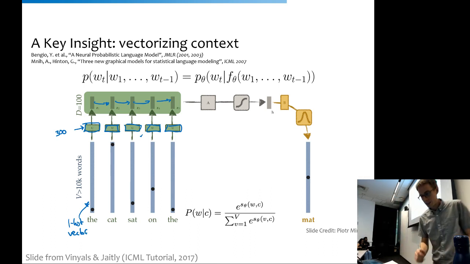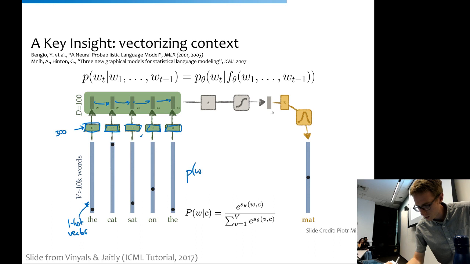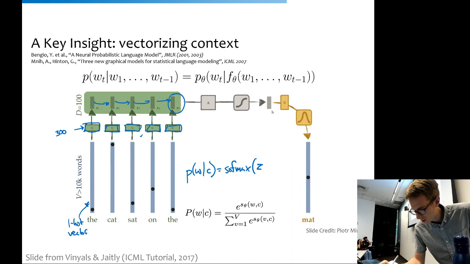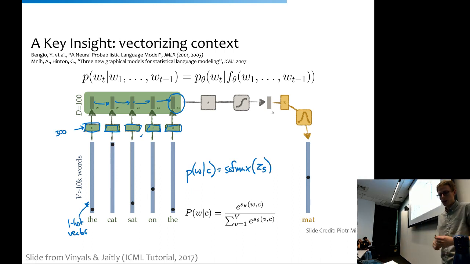And finally, if we define a distribution over words, say a probability of a word given its context, as a softmax over this final z vector, say z5, then we can recover a probability distribution over our entire vocabulary based on this vector z5 that is an encoding of all of the words that we've seen so far.